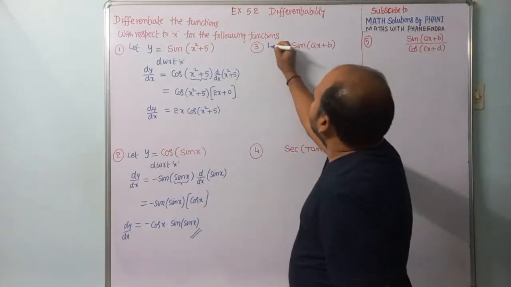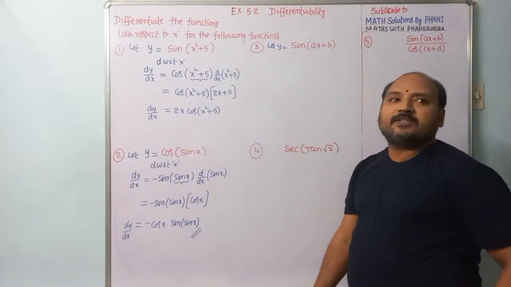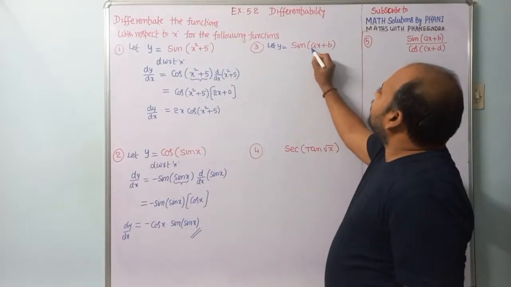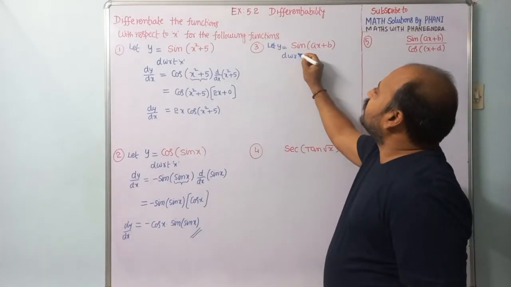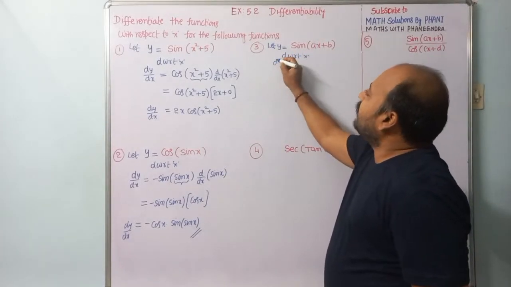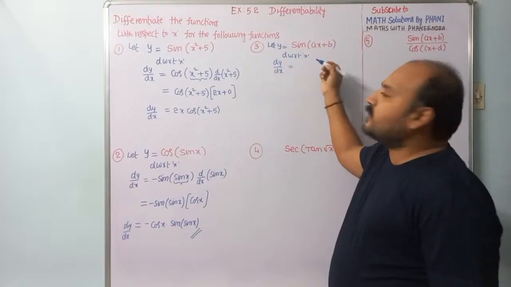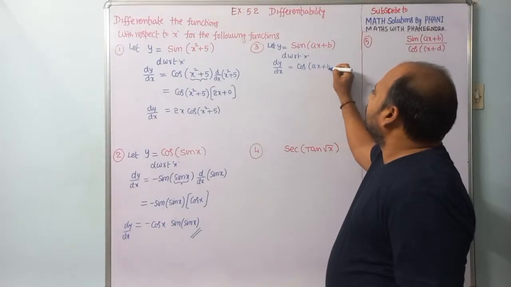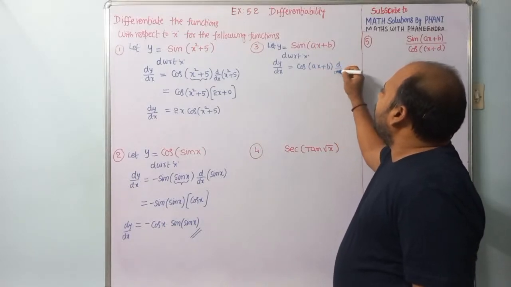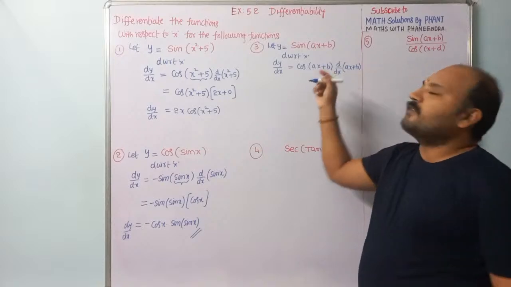Here also, let us consider the function y equal to sin of (ax plus b). Differentiate with respect to x. dy by dx is equal to the derivative of sin of (ax plus b), which is cos of (ax plus b). Again, you have to differentiate d by dx of ax plus b, whatever function is involved.